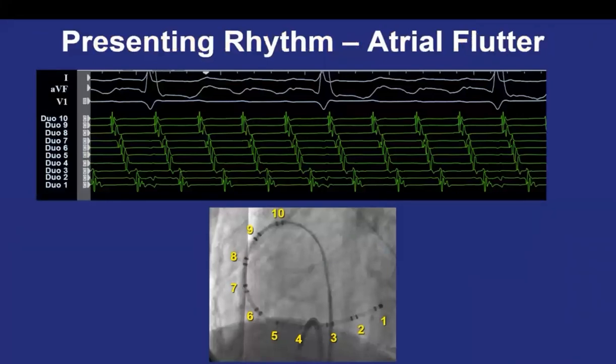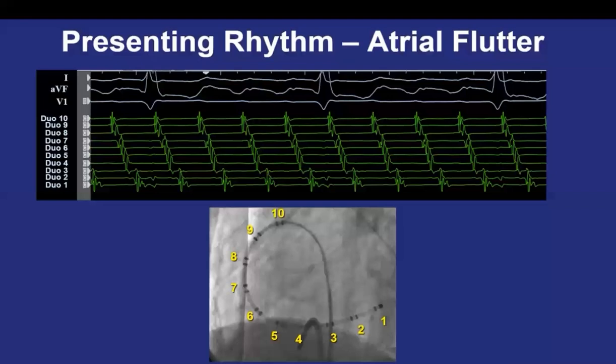The surface ECG shows lead 1, aVF and V1. We have these three QRS complexes, and in between there is a lot of atrial activity. Let us start from the first QRS complex.